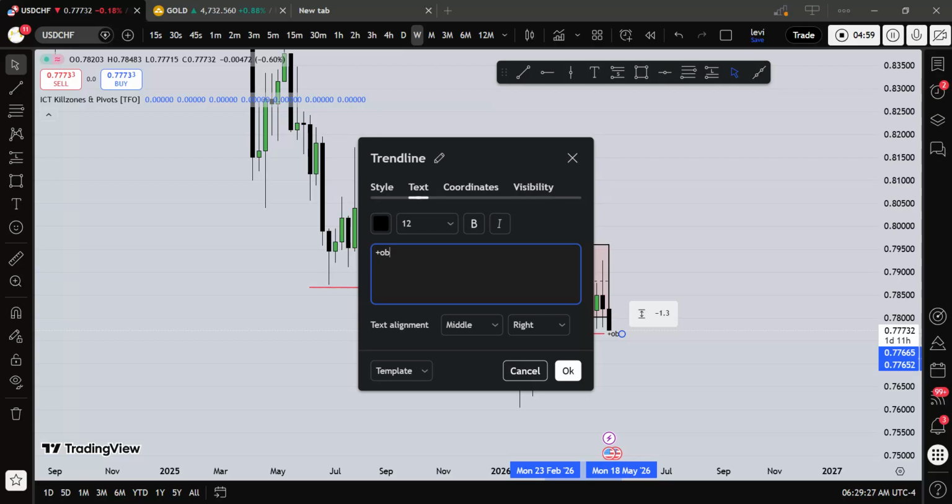You can also maybe use a hyphen so that you can make it known to yourself, maybe when you're looking at it on a lower time frame, that okay, this is a weekly order block.